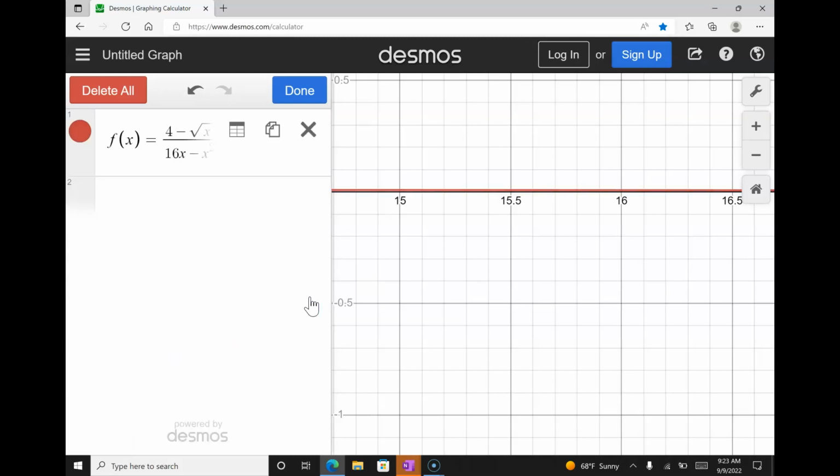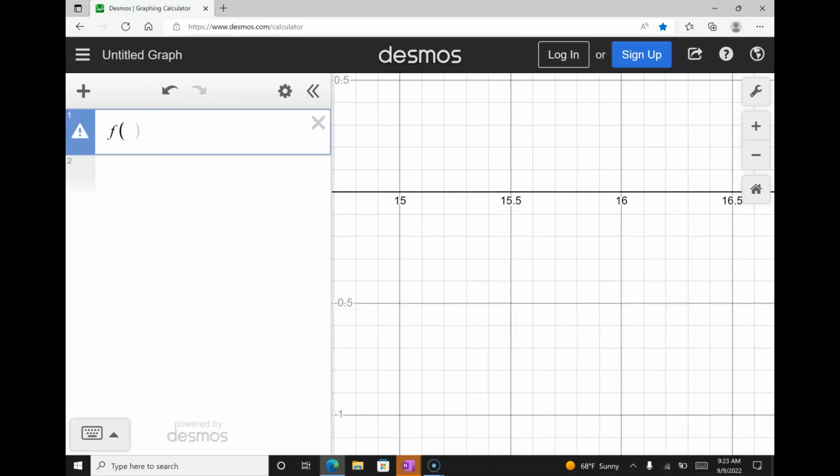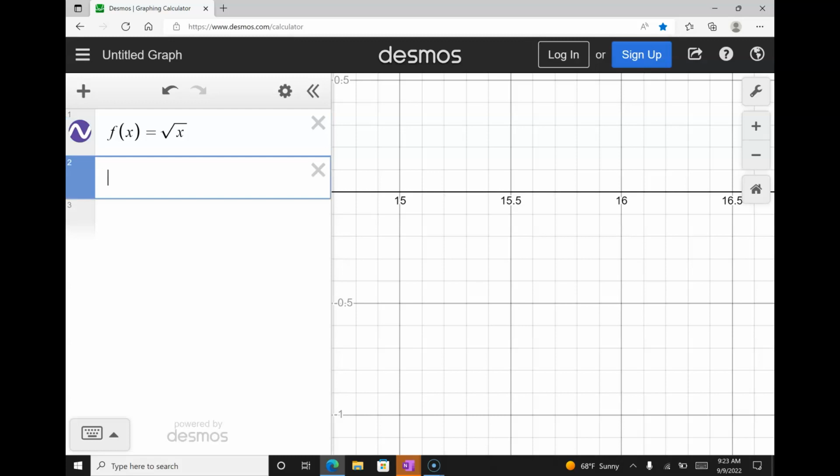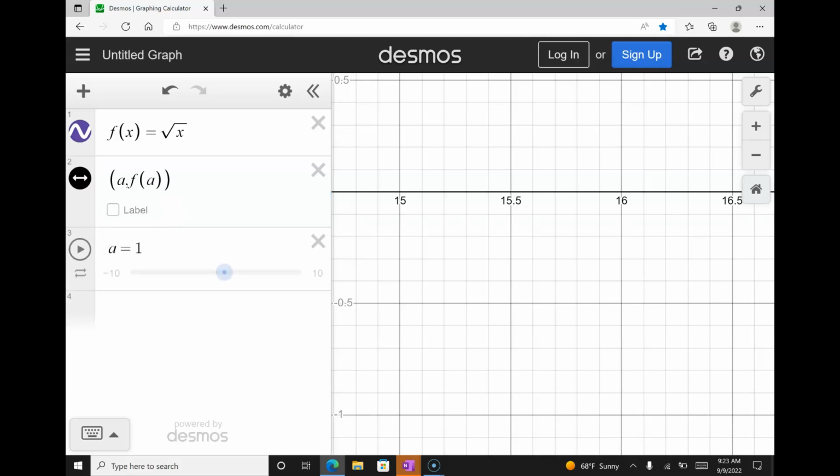So, watch what I mean. I'm going to use f of x again, square root of x, and you can do this with me right now. I'm going to attach a point, a comma f of a. The key here is that I want you to be able to do this with any function just by changing that first line in Desmos.